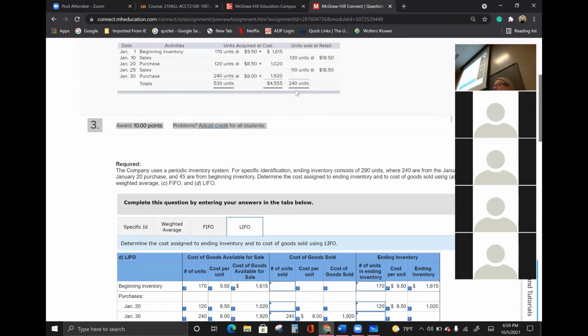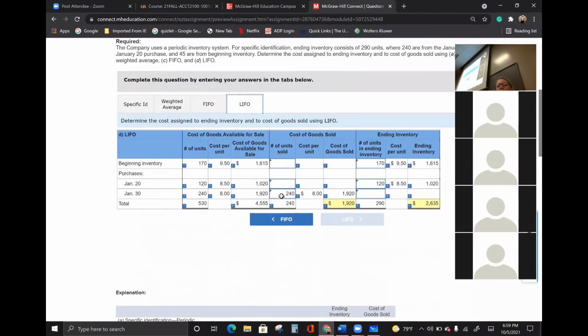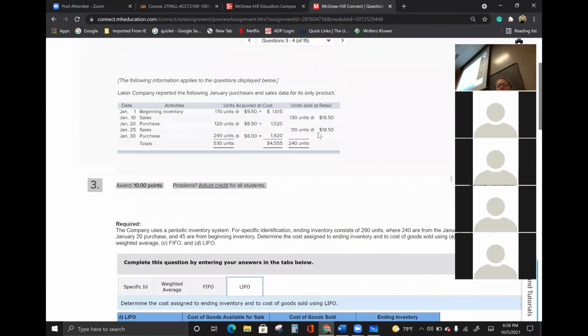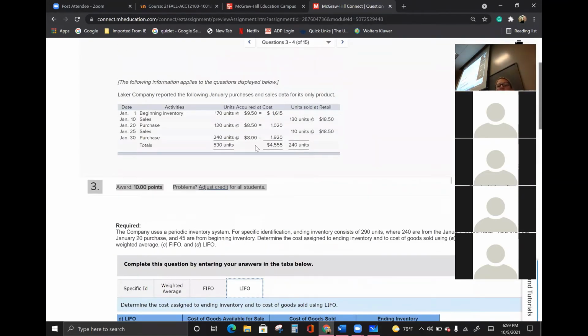I sold 240 units. Where did they come from? I'm going to take the cost, 240 units, this last batch here. So I have 240 units at $8. That's my cost, $1,920. So it's lower because you can see that as I purchased, my cost was decreasing.